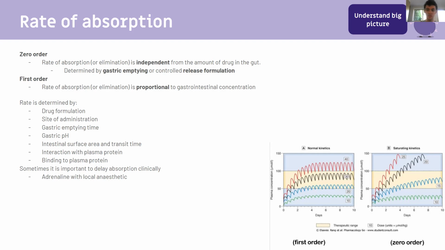The enzymes that are metabolizing and secreting it are saturated. Therefore, it's just going to build up. And this is a therapeutic range. When the drug is safe to use, it's just going to go over that because it doesn't have this proportional relationship. Whereas with a first order drug, it's proportional to the gastrointestinal concentration.